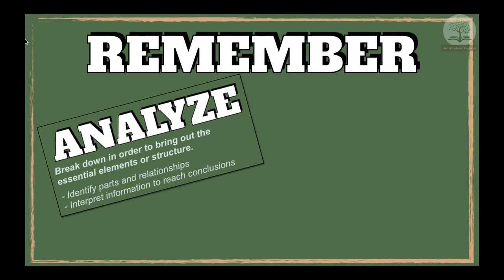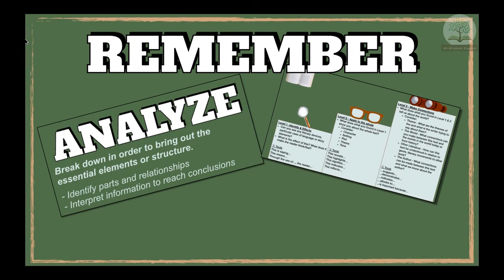If you remember anything from this video, I want you to remember these 3 things. When we analyse, we break things down in order to bring out their essential meanings. We look at parts and relationships. We apply them to the things within the text itself and then the things outside of the text. We have a 3-step structure that we can follow in order to help us analyse.